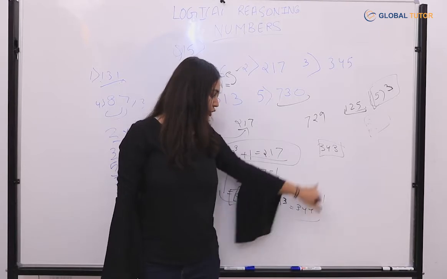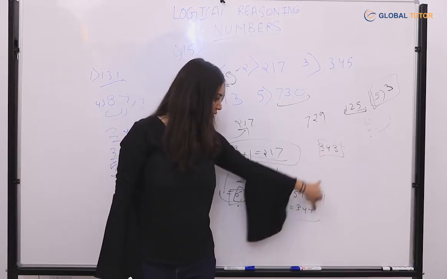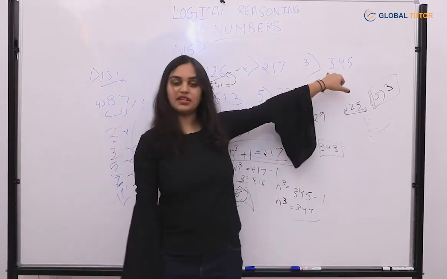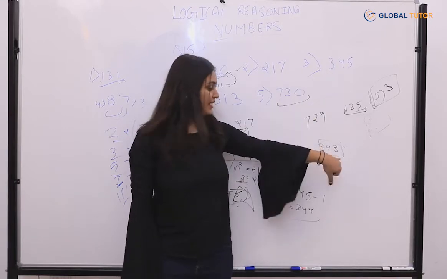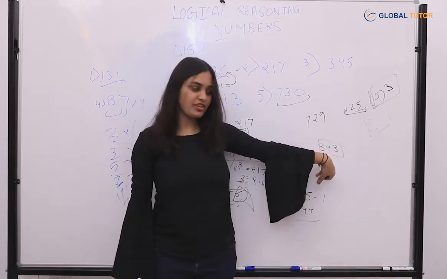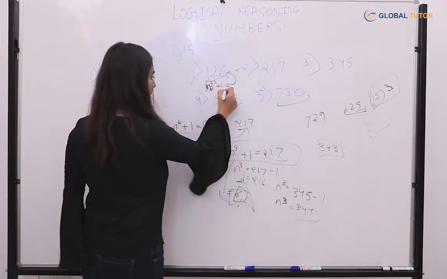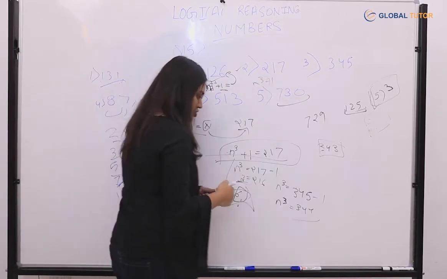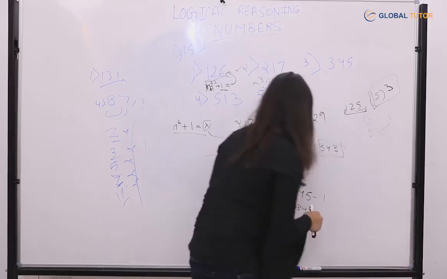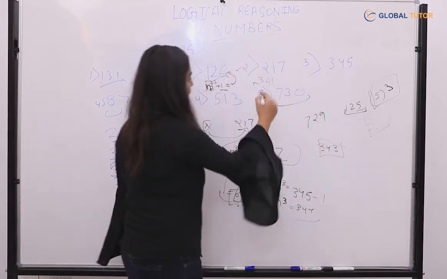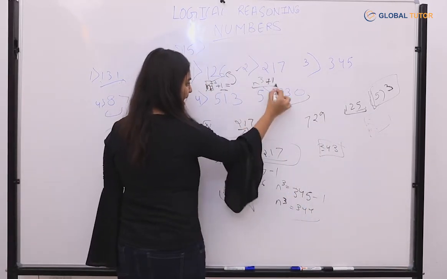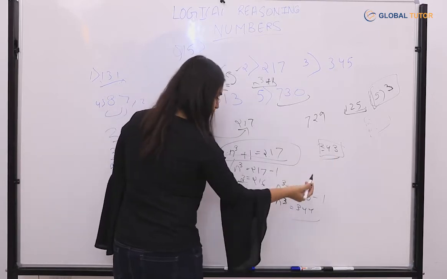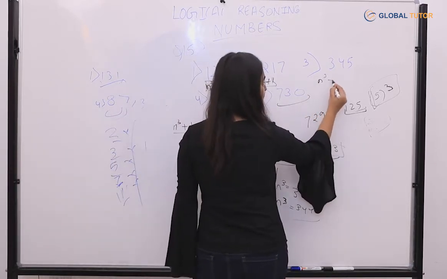343 and 344. Obviously, 343 plus 2 is 345. Okay, and 343 is an n cube. It is a 7 cube. So these were following the pattern of plus 1. Let me change the marker. N cube plus 1, and now we've got 345, which is n cube plus 2.